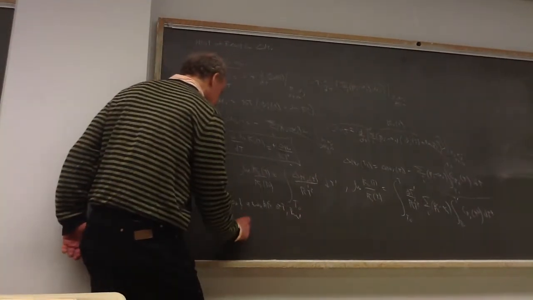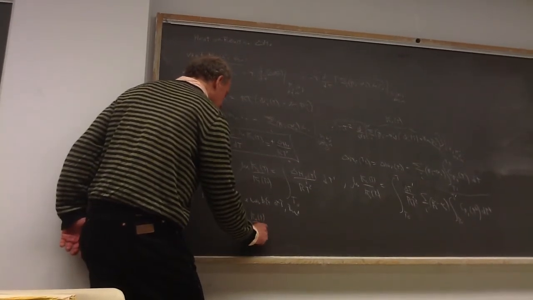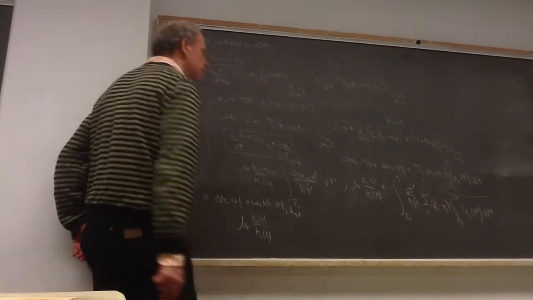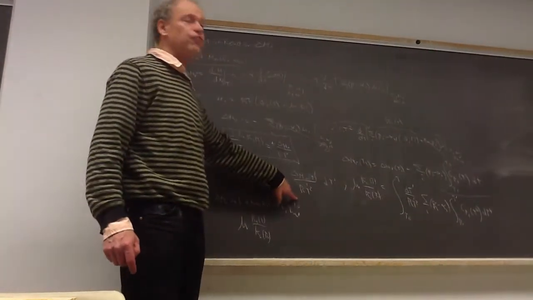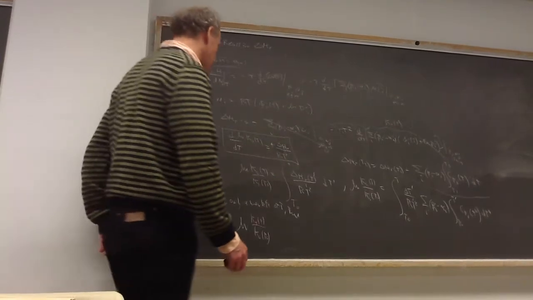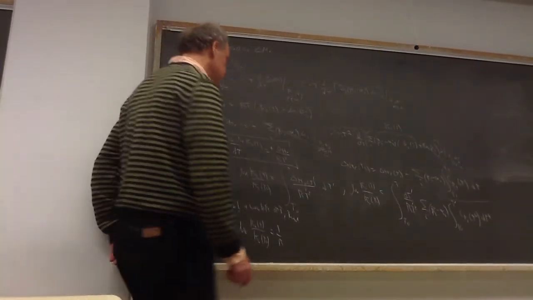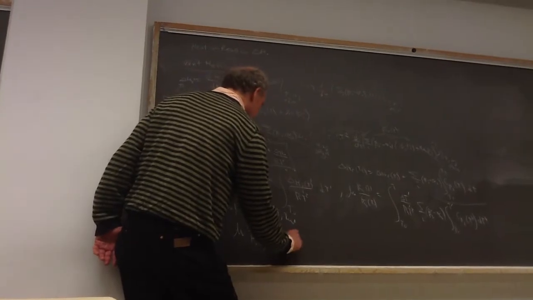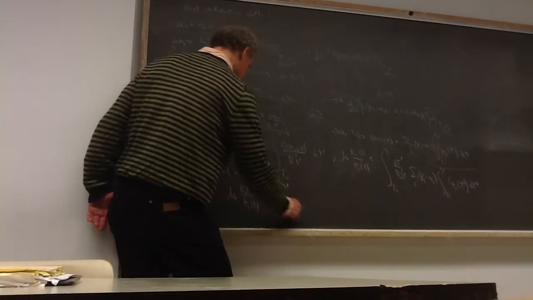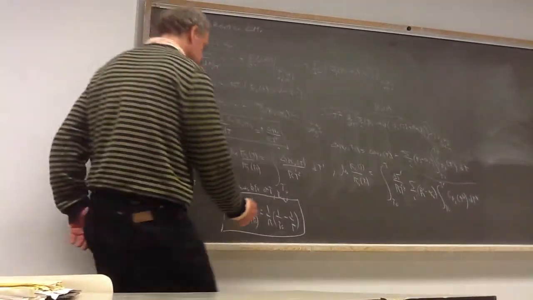Then the log of Ka of T over Ka of T0 is the integral of 1 over RT squared, which is just minus 1 over T. It's 1 over R times minus 1 over T. So it's 1 over T0 minus 1 over T, with an R here.